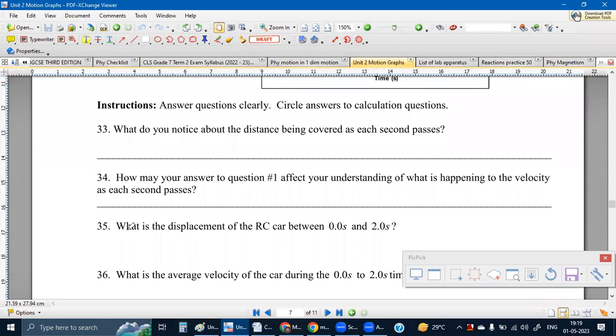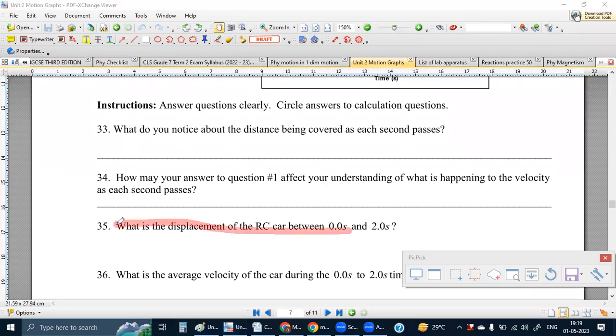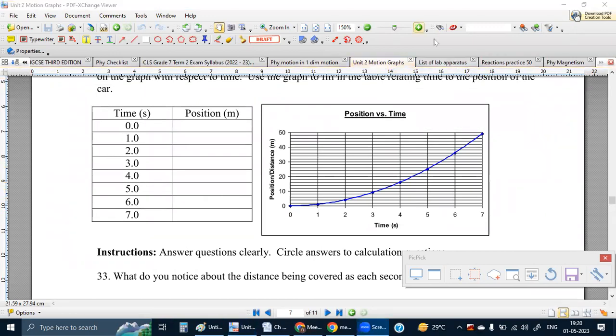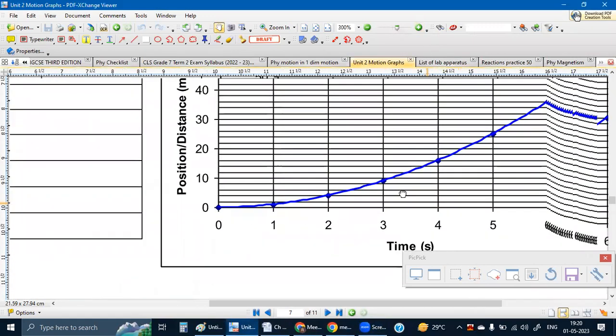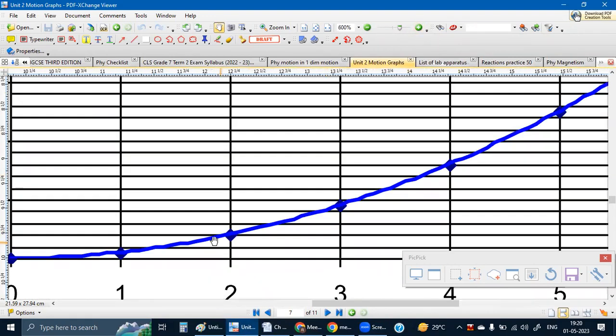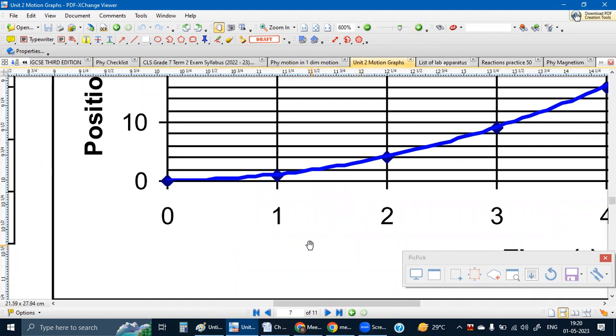Question number 35. What is the displacement of the RC car between 0 to 2 seconds? Okay, I will just zoom in on this graph. 0 to 2 seconds. Just look at this. 2 seconds is here.